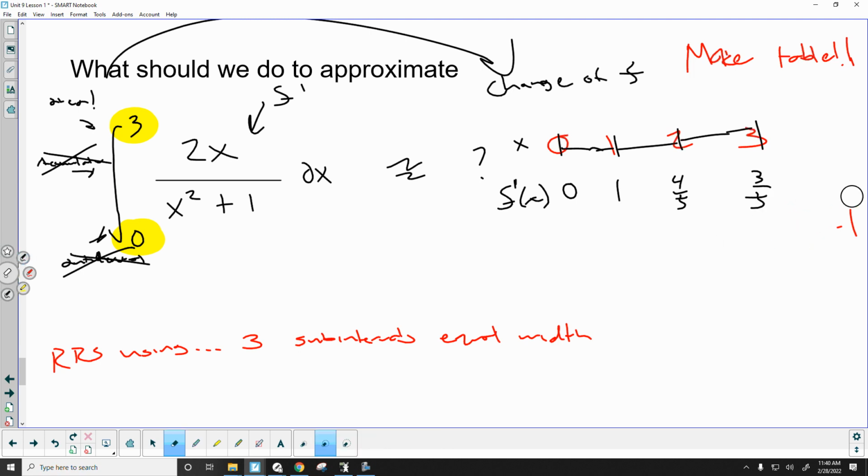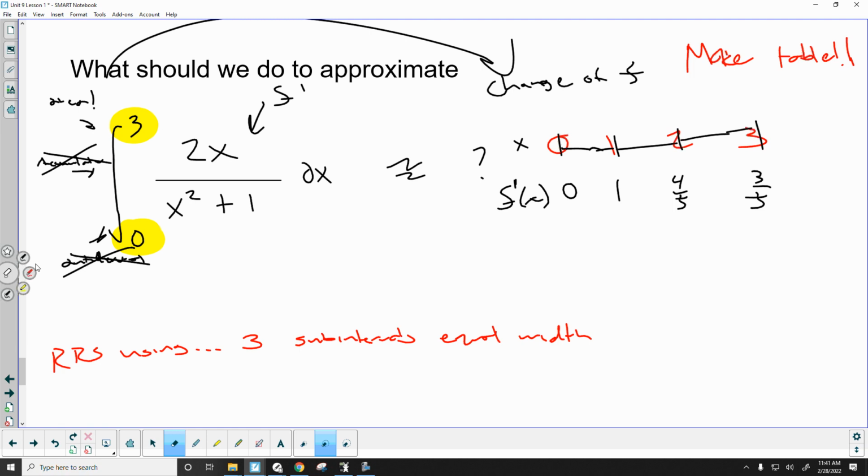Okay, please give me the right Riemann sum using 3 subintervals of equal width. The answer is 12/5.